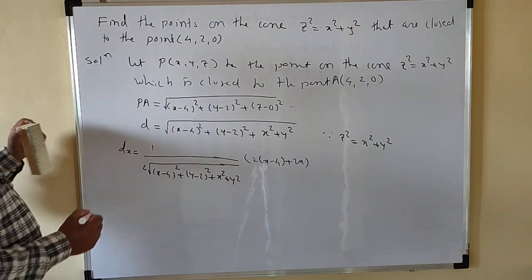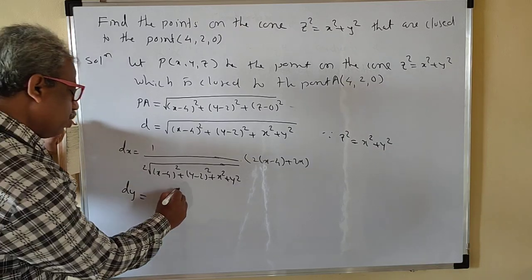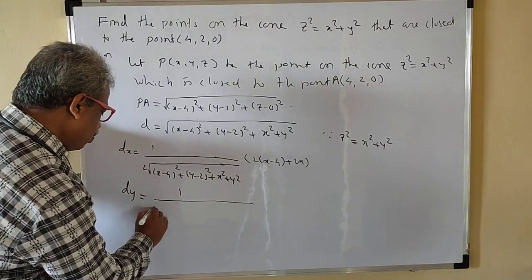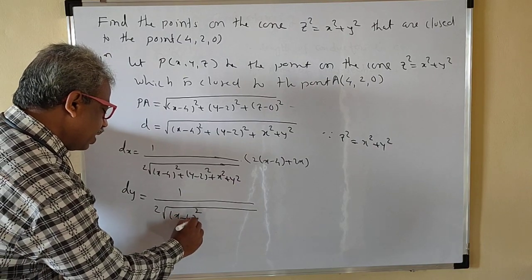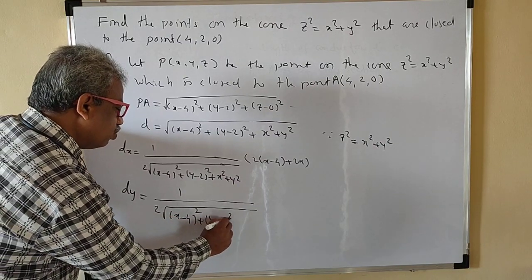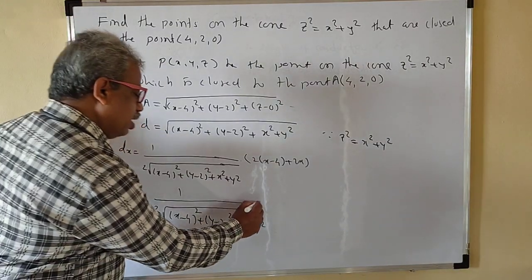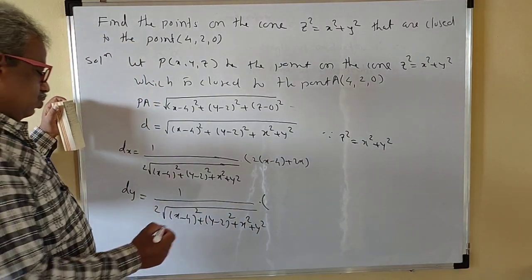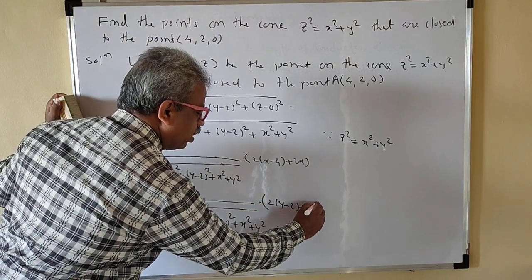Right? Now dd/dy, I find dy also. Again this is 1 upon 2 root of the same thing, into the derivative of this. So this is 2 into (y minus 2) plus twice y.